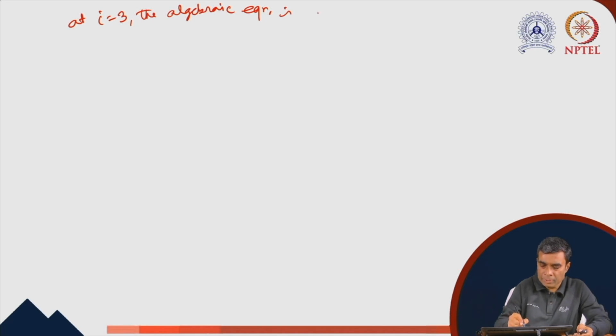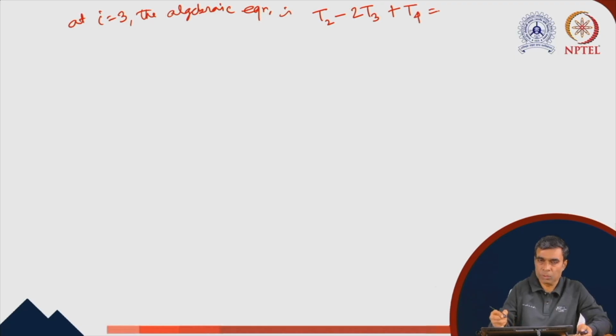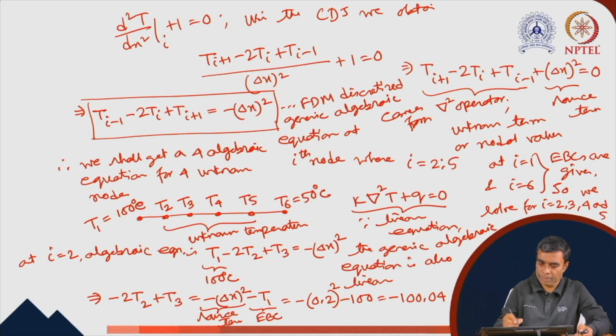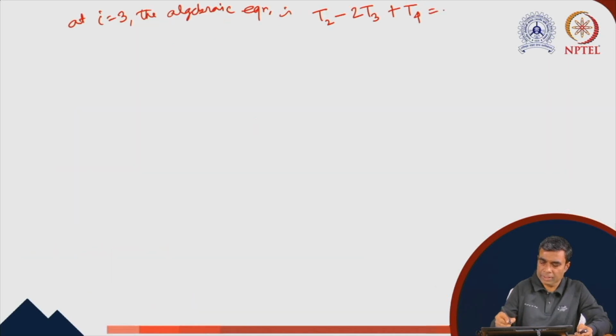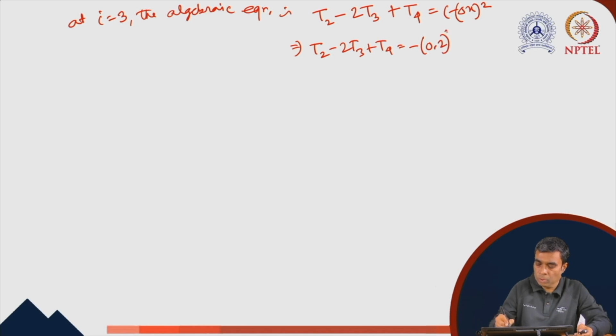T(i-1) minus 2T(i) plus T(i+1), so it will be T2 minus 2T3 plus T4 equals to, the generic form was minus delta x whole square. So we get from here T2 minus 2T3 plus T4 equals to minus 0.2 whole square, equals to minus 0.04.